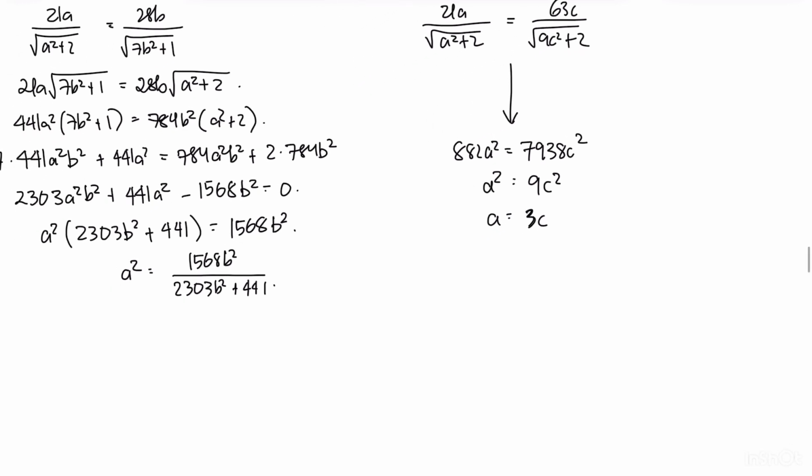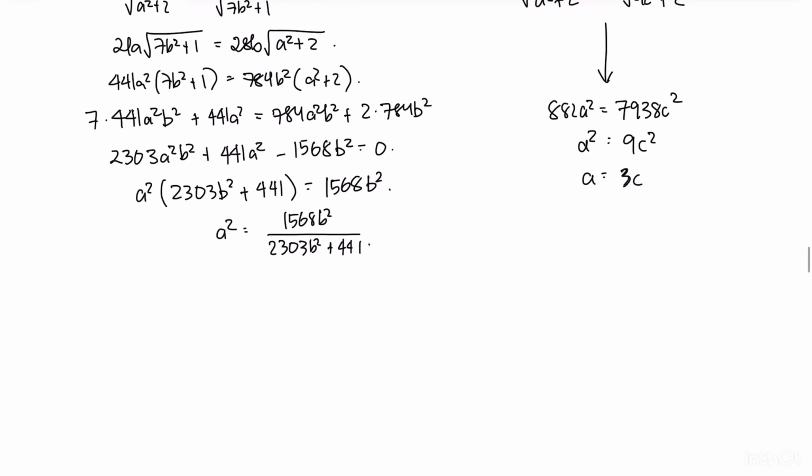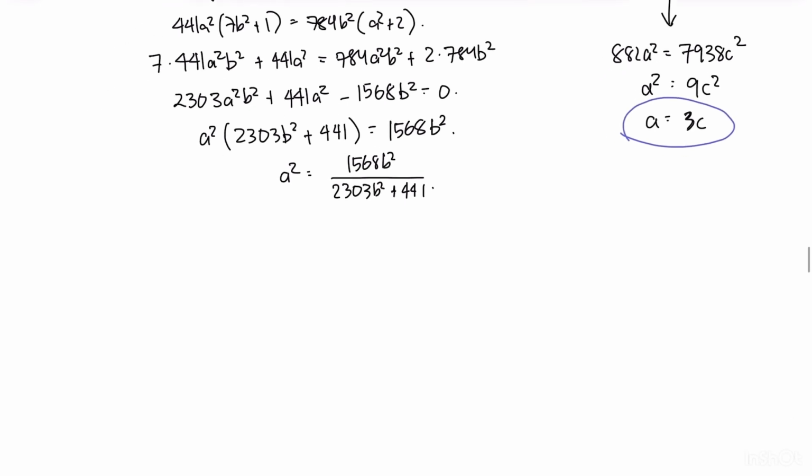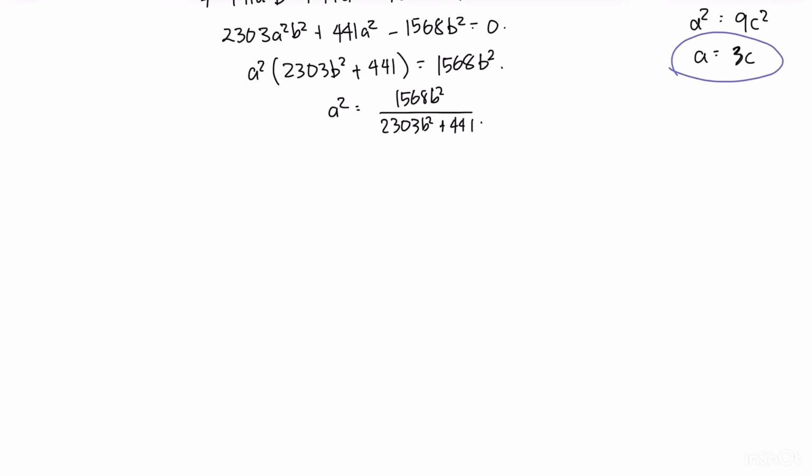So using this fact that a is equal to 3c, we're gonna substitute it back to g. So substituting a equals 3c into a plus b plus c equals 1.